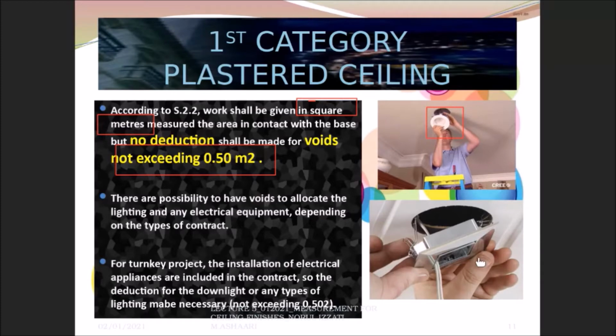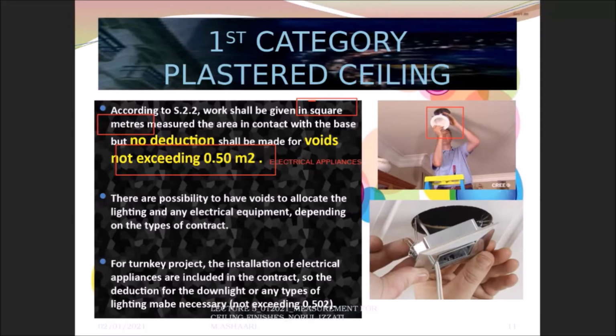If it is not part of the project, we don't have to cut the surface of the ceiling, so no deduction needs to be made for the void. I put here the void is normally for electrical appliance installation, because that is normally what you can see on the ceiling, right?